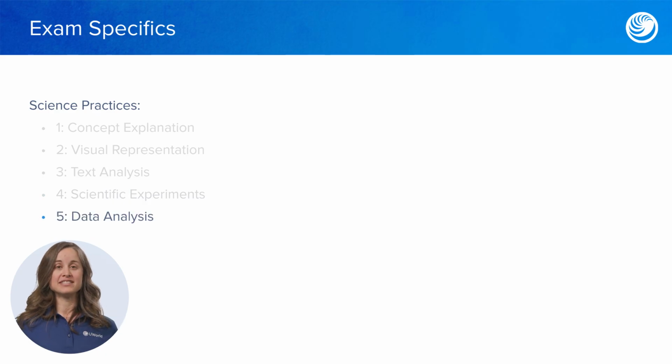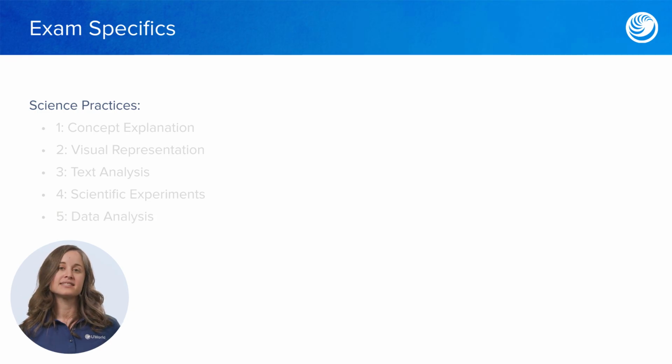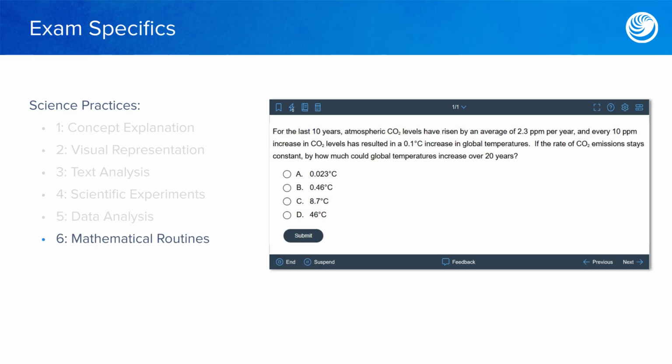Science Practice 5 is data analysis, where data will be provided in a graph or table, and students will be expected to analyze trends in the data, relationships between variables, and draw conclusions from the data. The sixth science practice involves mathematical routines. This includes students calculating math problems and showing their work. And finally, Science Practice 7 is environmental solutions.